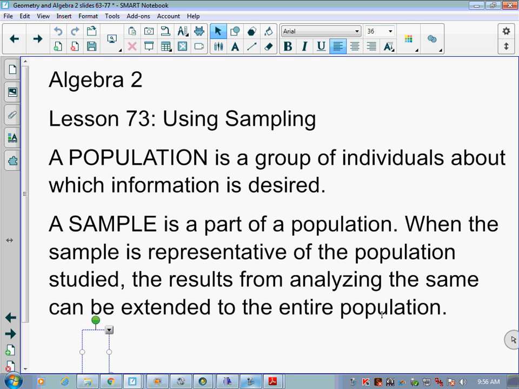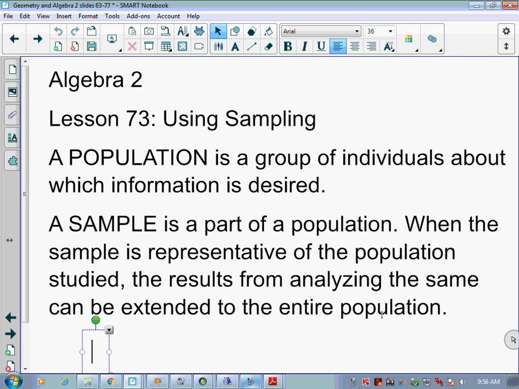A sample is a part of a population, not the whole thing. When the sample is representative of the population studied, the results from analyzing the sample can be extended to the entire population. If I want to know something about the entire population, but I don't want to ask every single student, what I want is a mixed bag that's approximately the same percentages, but on a smaller scale.